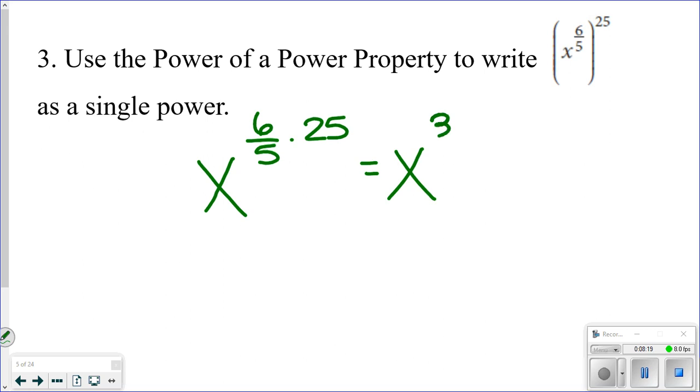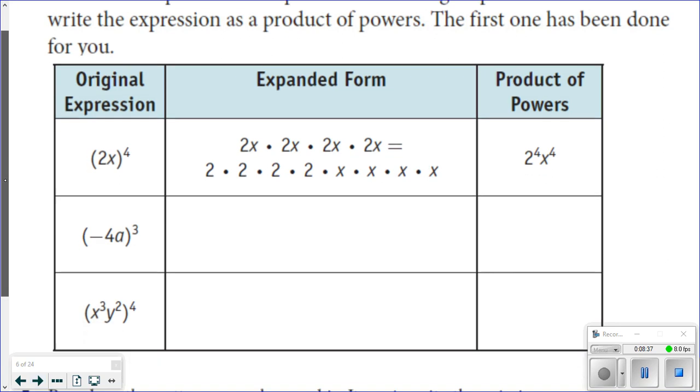X raised to the 30 power. Okay, question 4.